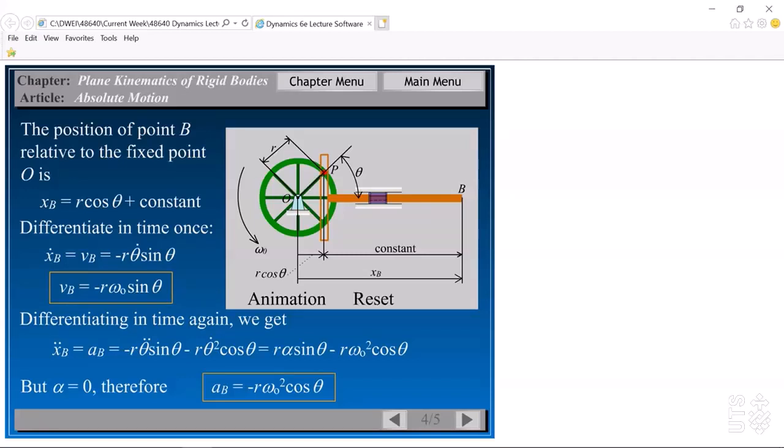Theta is the angular displacement of this wheel. Position B represents the displacement of this rod. So using trigonometry, you can see this xB from O to B is equal to r, the radius of the wheel, times cosine theta, plus a constant from here to here. That's the length of this yoke.